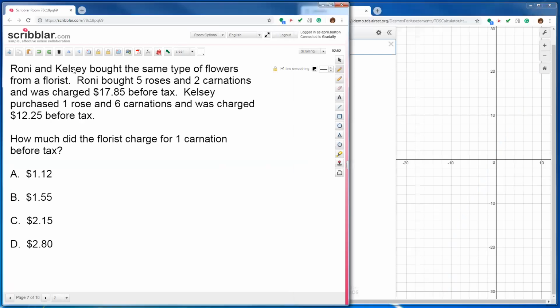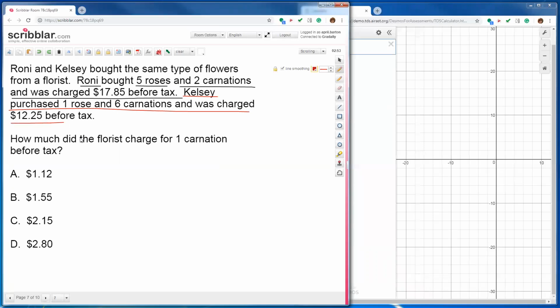So Ronnie and Kelsey bought the same type of flowers from a florist. Ronnie bought 5 roses and 2 carnations, and was charged $17.85 before tax. So Kelsey, I'm going to use a different color, different information. Kelsey purchased 1 rose and 6 carnations and was charged $12.25 before tax.